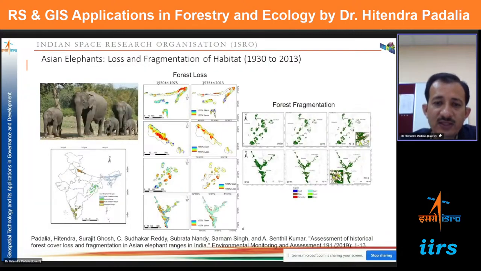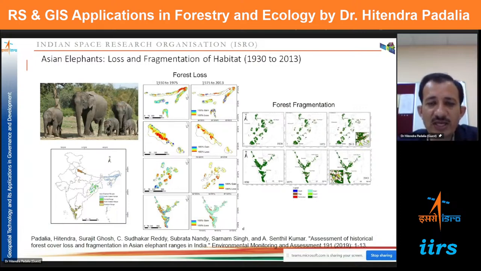Then there is another aspect: understanding the changes in the forest in terms of forest fragmentation. In a country like India, in many parts we have wide-ranging animals like elephants, tigers, and rhino, and if you allow them to move, they can move several hundreds of kilometers across landscapes.